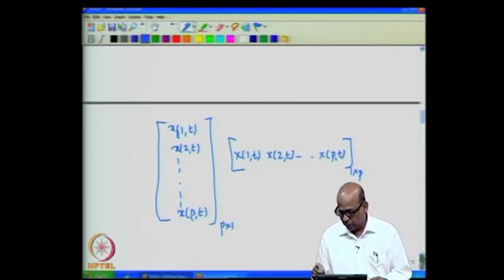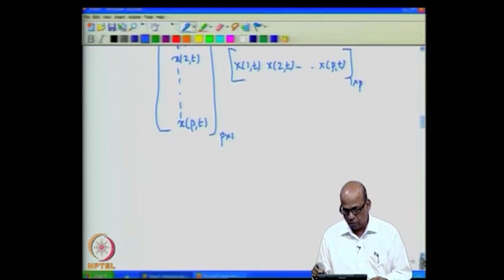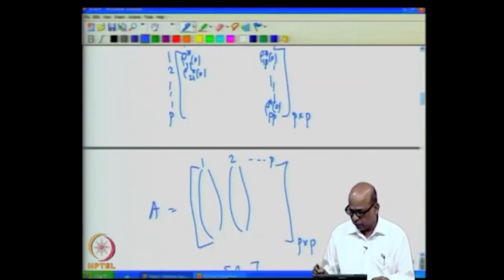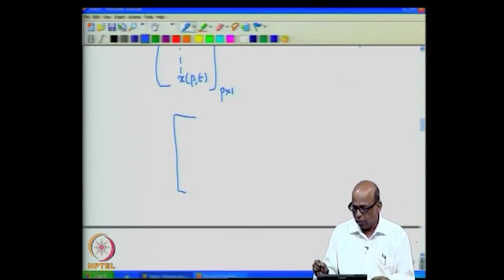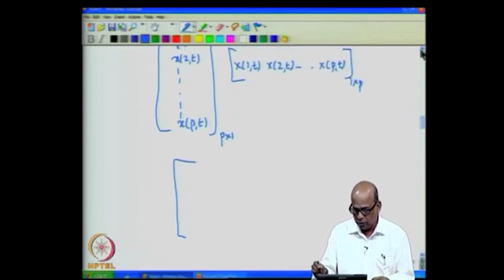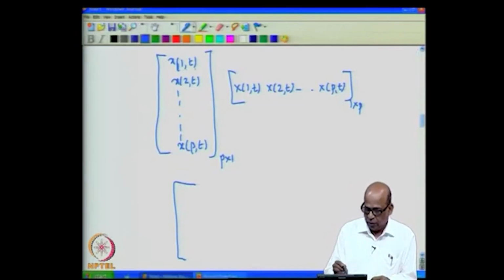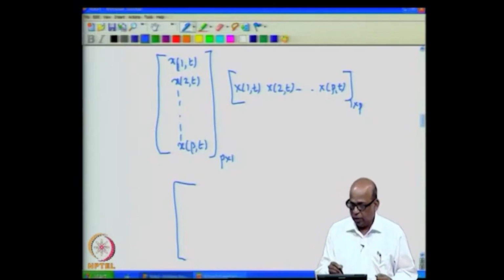Now, at least a few elements of that p by p matrix I will write, so that it will be useful in our further discussion. So, when I multiply this, what happens to the first row? The first row will be x 1 t into x 1 t, x 1 t into x 2 t, x 1 t into x 3 t, etcetera, x 1 t into x p t.